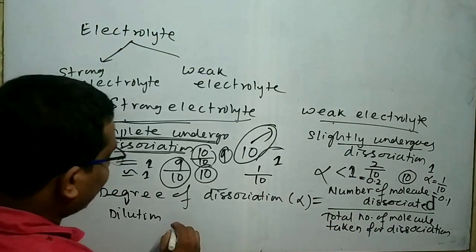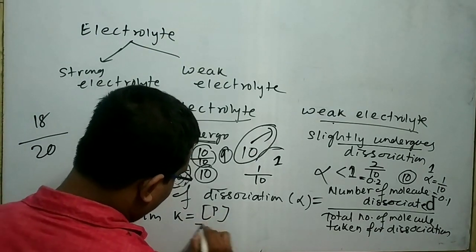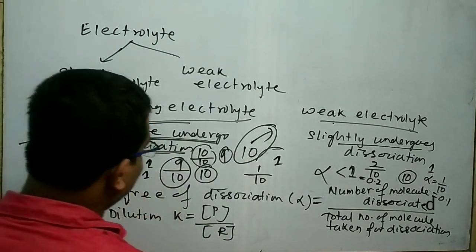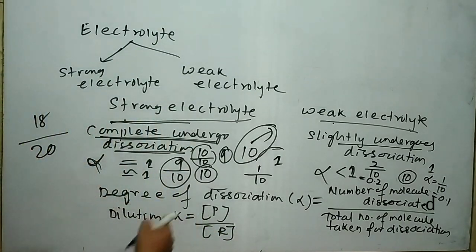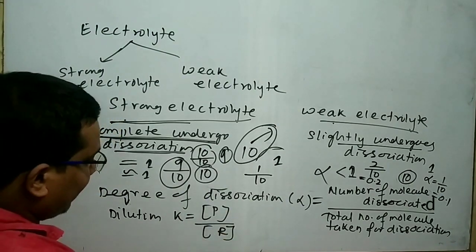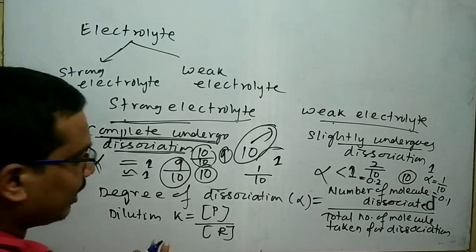We know that according to the law of chemical equilibrium, K is equal to the concentration of the products divided by the concentration of the reactant. In this case, K is equal to the concentration of the ions divided by the concentration of the undissociated electrolyte.